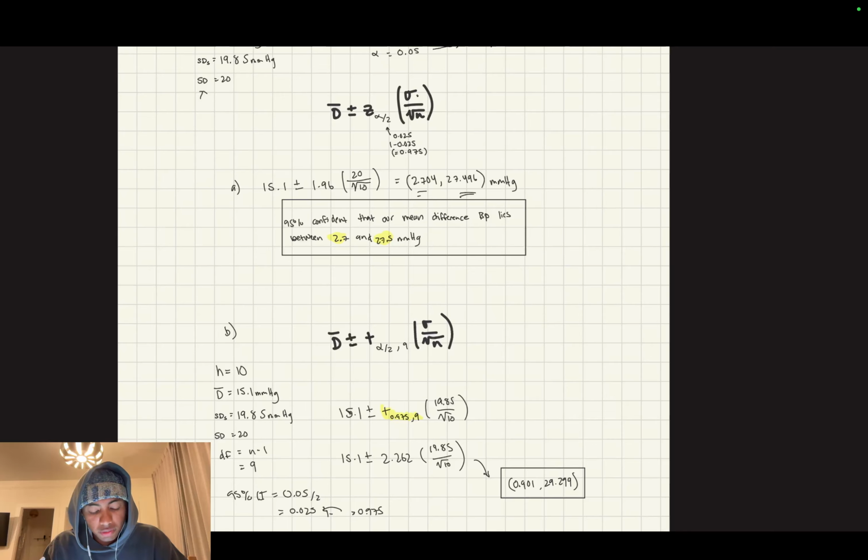With an unknown population standard deviation, we still say we're 95% confident, but we give ourselves some buffer on either end of the tail.